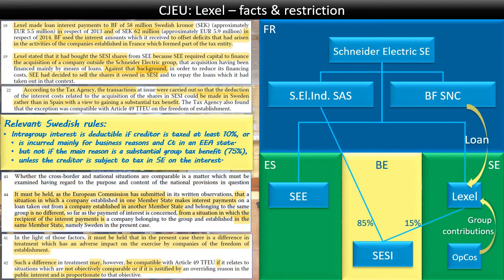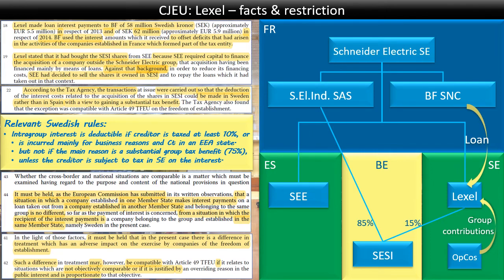And you will see in the numbering here, the court actually threw the argumentation a little bit around, but then it also goes on to say, in the light of those factors, it must be held that in the present case, there is a difference of treatment which has an adverse impact on the exercise by companies of the freedom of establishment, right? Because these situations are comparable, but if you are abroad, then you can't get the interest deduction.